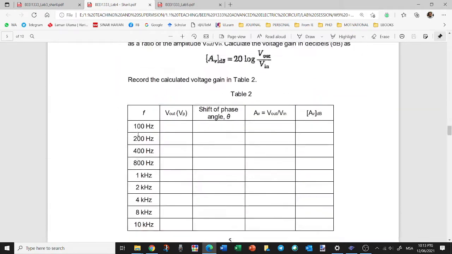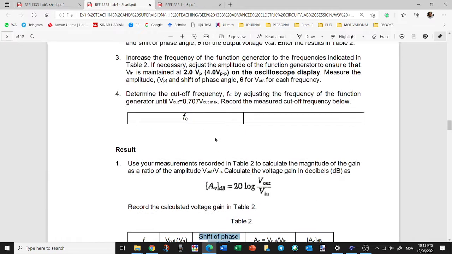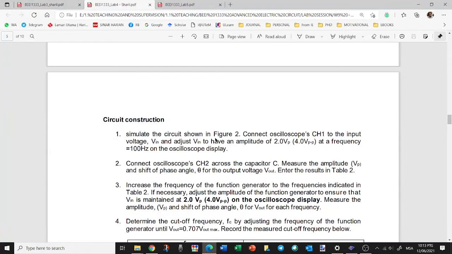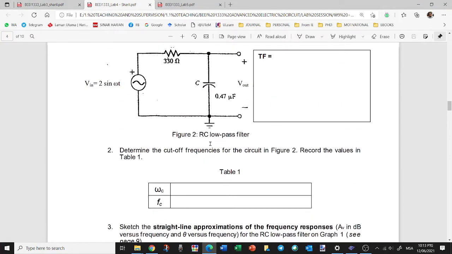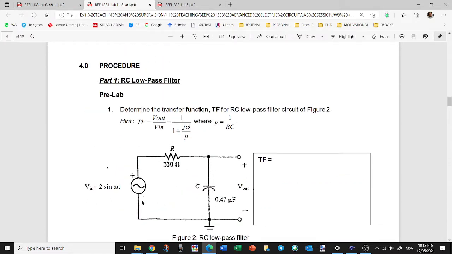Okay, so you measure Vout, and then you also measure the shift of phase angle. Okay, shift of phase angle ni kamu kena tengok daripada oscilloscope juga. Okay, since kamu akan dapat 2 graph, maksudnya kamu kena measure both, voltage across the source here and voltage of the output capacitor ni.